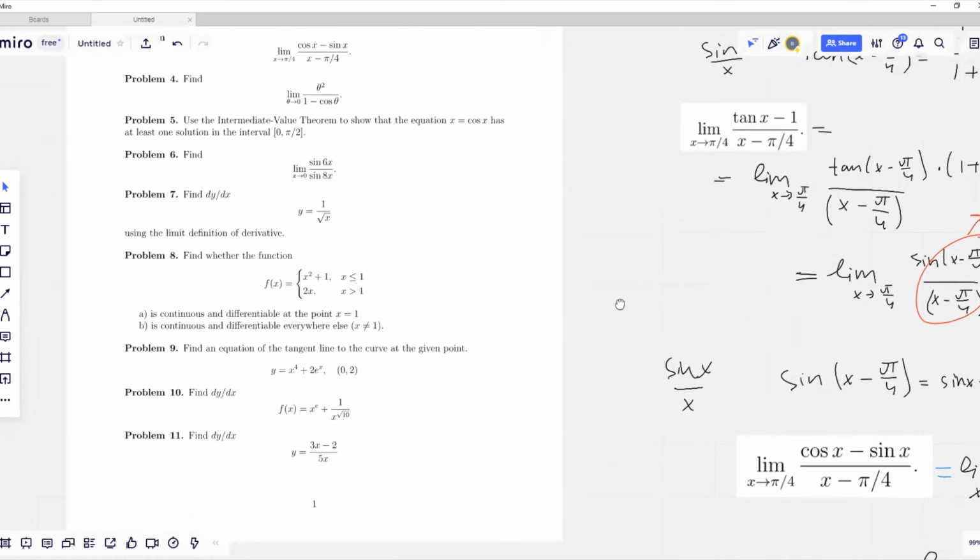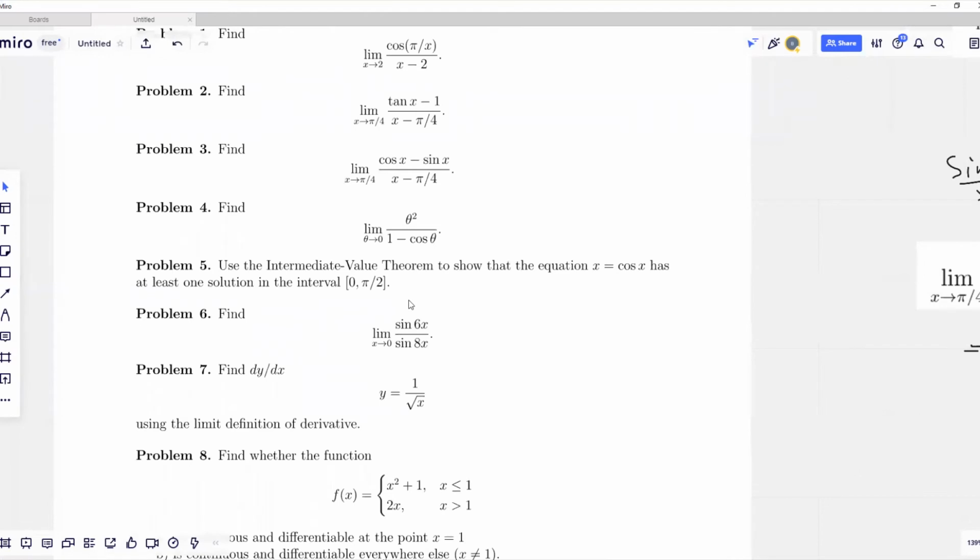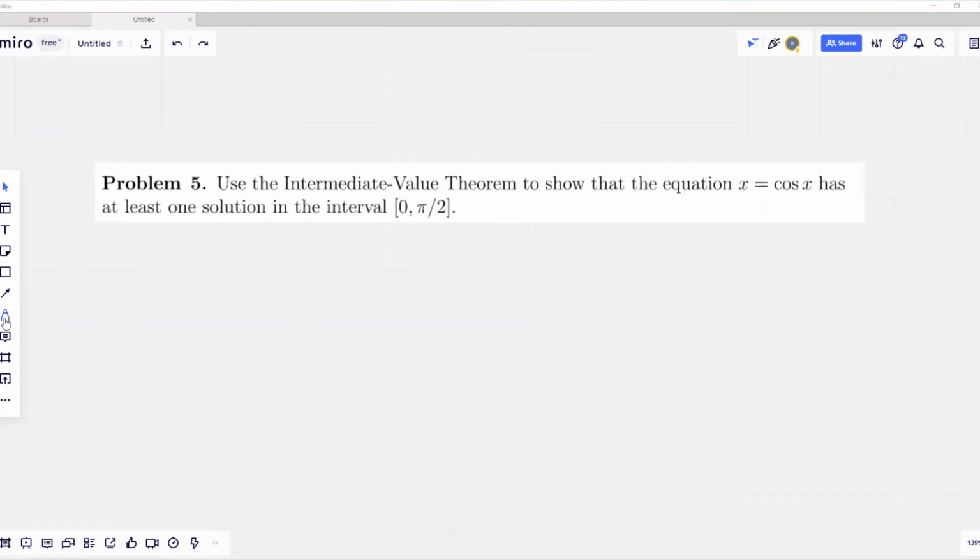Okay, next problem. All right, so use the intermediate value theorem to show that the equation x is equal to cosine of x has at least one solution in the interval from 0 to pi over 2.